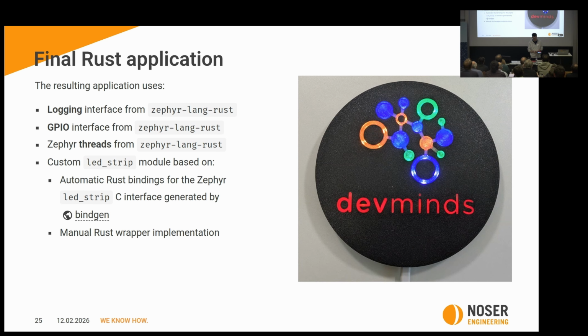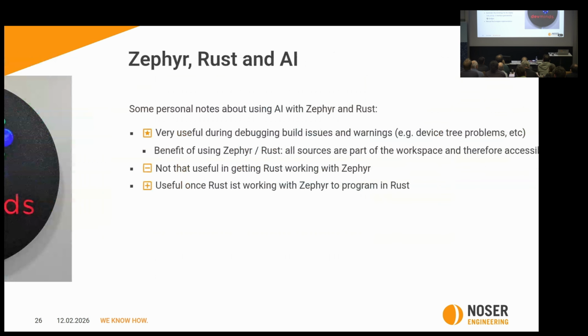You have some GPIOs, so you can click around and then you can change colors, nothing really fancy. Just to show you, this was entirely written in Rust. So we are using the logging and the GPIO and the threads and everything from the Zephyr Lang Rust module. And for the LED strip, we're using bindgen to generate the bindings, and we created our own LED strip module to be used from within Rust.